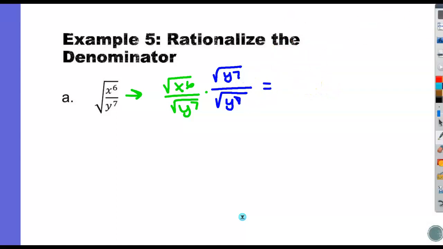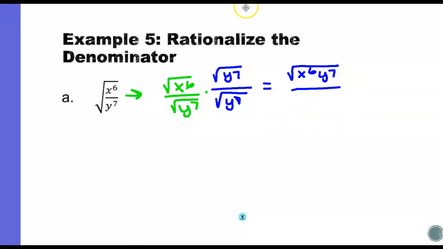So when I do that, I'll be left with, on the numerator, the square root of x to the 6th, y to the 7th, and on the denominator, the square root of y to the 14th.